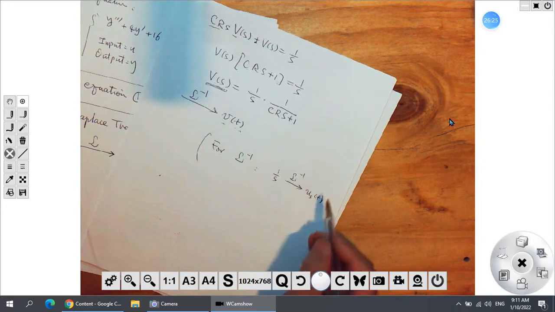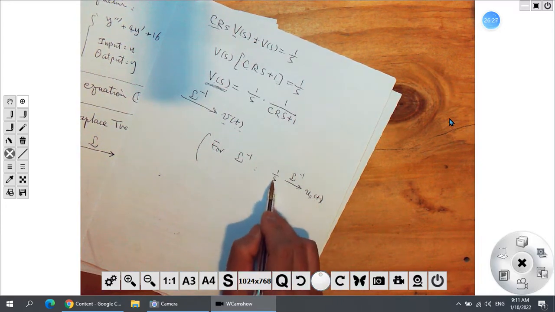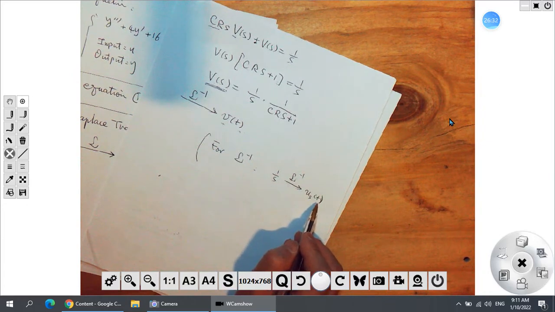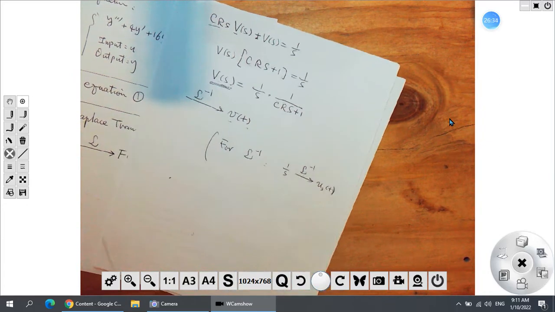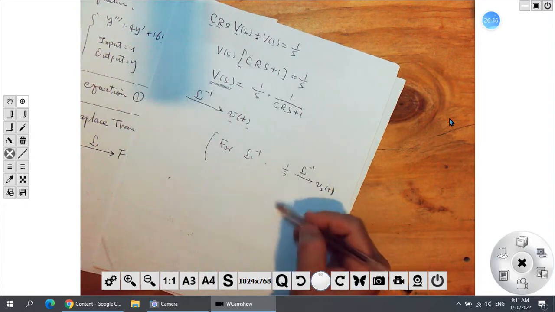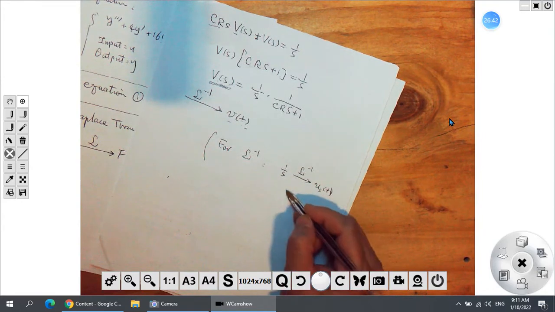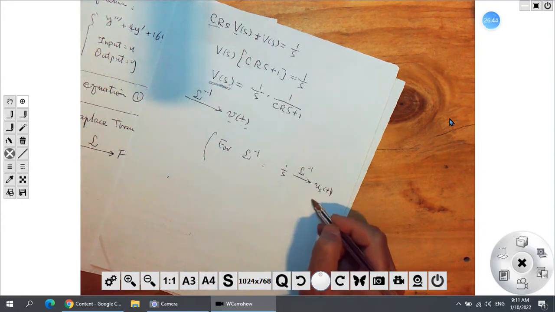So we can know the inverse of 1 over s going back to the time domain must be this one. Okay, so in this way, we can have a list of results. Some function of s, then by inverse Laplace transform, we know what is the original signal.